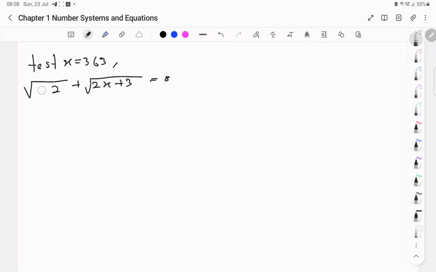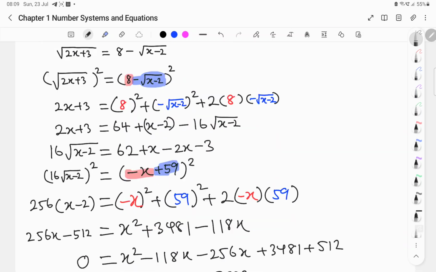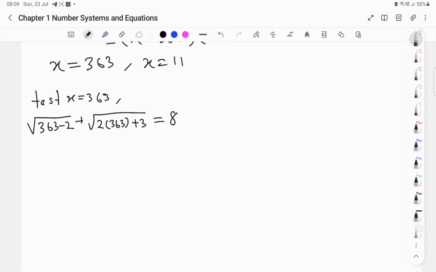So 363 minus 2 is 361, then 2 times 363 plus 3, equals to 8. Correct or not?